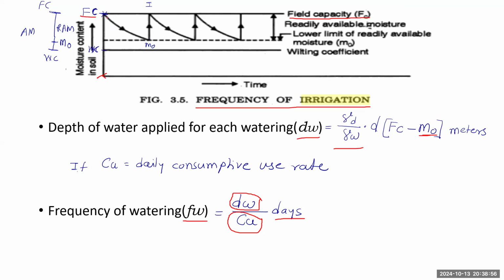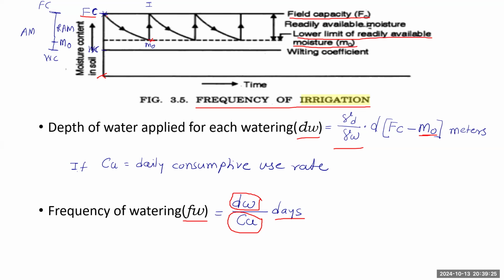Now the consumptive use of water takes place. Crops are using this readily available moisture, and now the moisture content reduces to the value M0. What is M0? M0 is the lower limit of readily available moisture. Okay, M0. So is it clear to you?